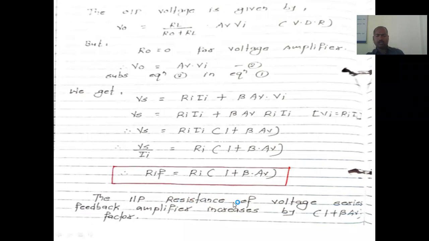So the input resistance of a voltage series feedback amplifier increases by this factor, 1 plus beta AV. When we use the voltage series feedback amplifier, the input resistance increases by 1 plus beta AV times.